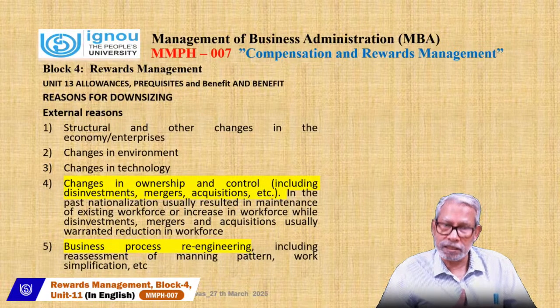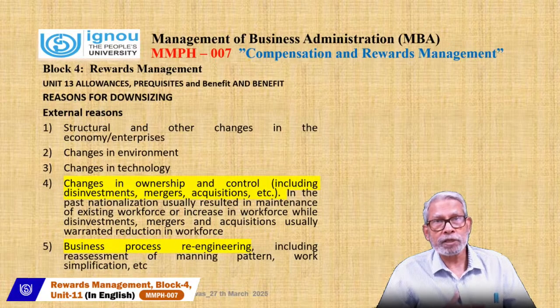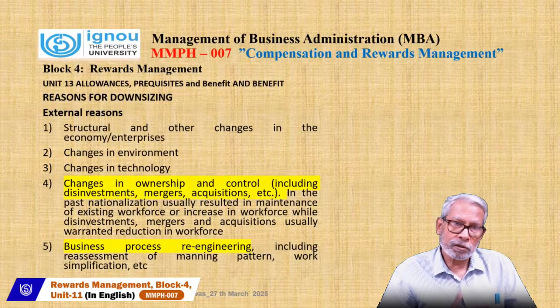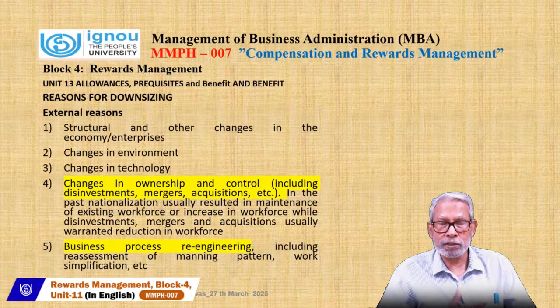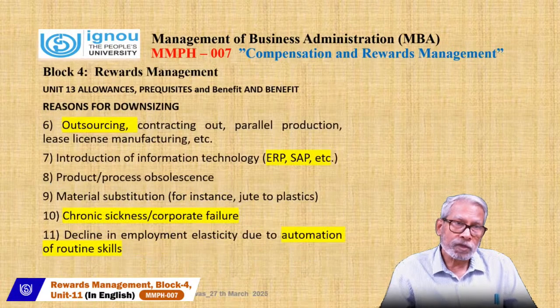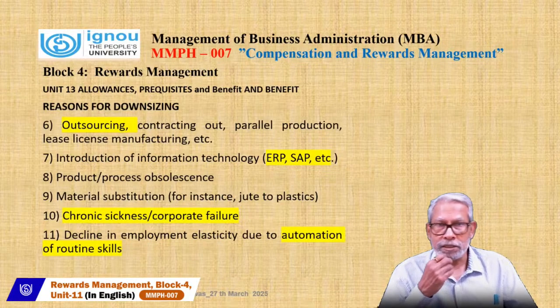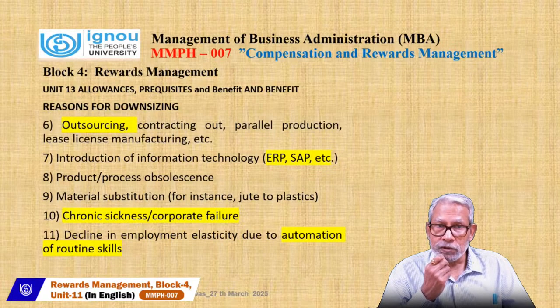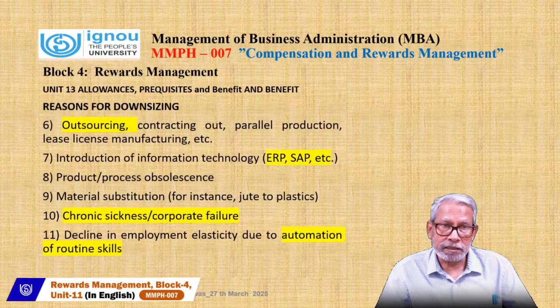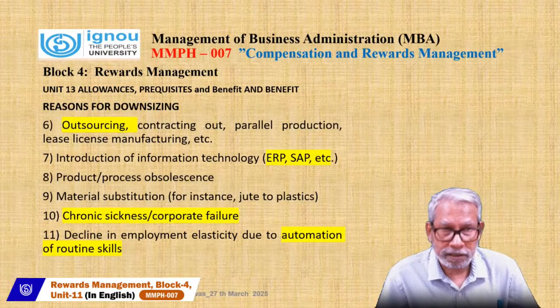That's why re-engineering is going on, and sometimes some of the manpower may not be required, but they do it for the optimization of human resources. Another thing is outsourcing, because some things are outsourced, manpower may not be required, and they are getting a very cheap rate. Then parallel production, resizing, licensed manufacturing, etc.